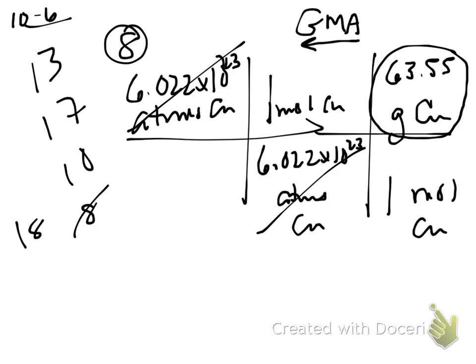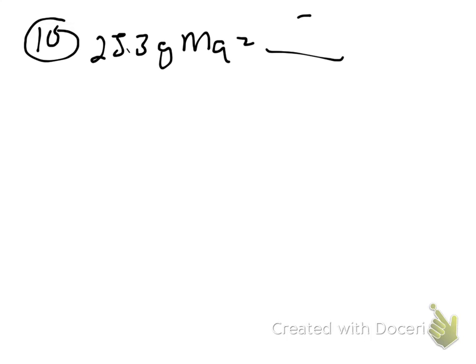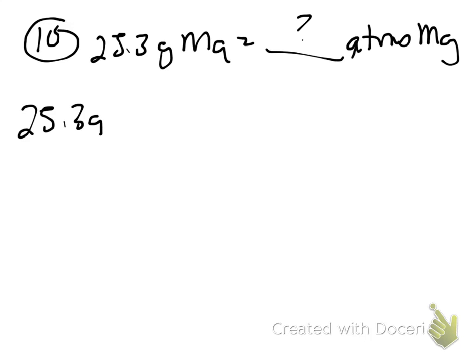Okay. So let's do number 10 together. How many atoms are present in 25.3 grams of magnesium? So we start with our given, as always, 25.3 grams of magnesium.